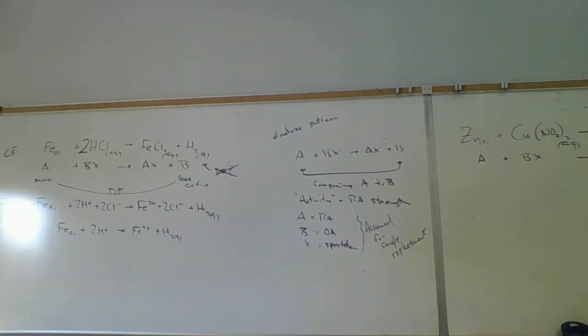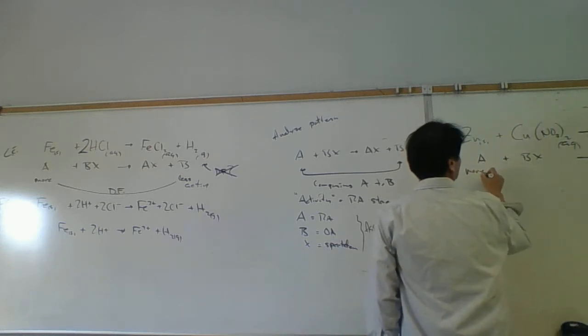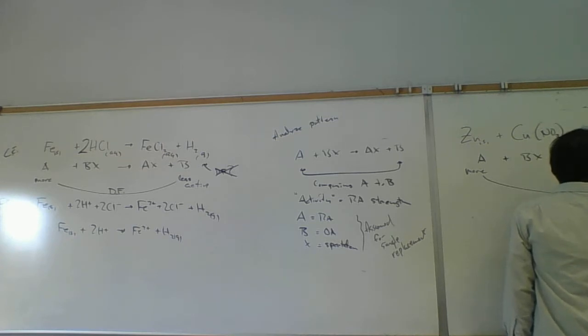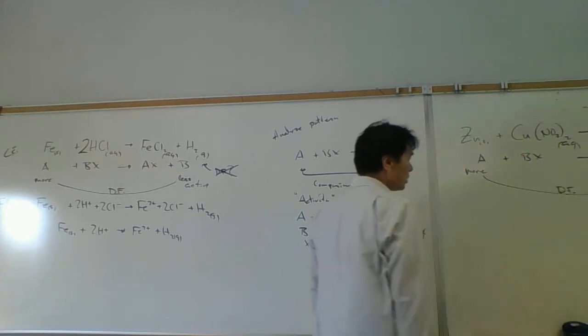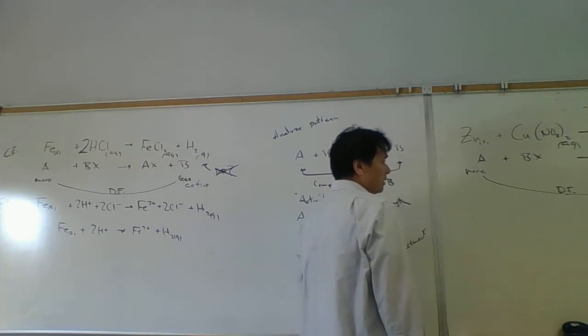Zinc is here, copper is here. Which one's more active? Zinc. So we're going from more active to less active. Less active is more stable, so it's favorable. So this reaction should occur. The driving force is more active to less active.